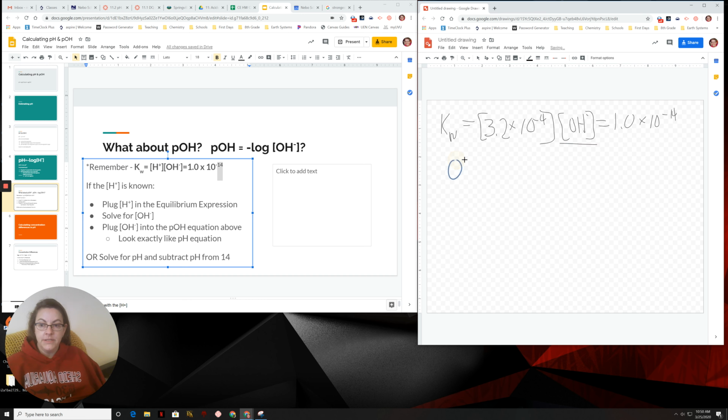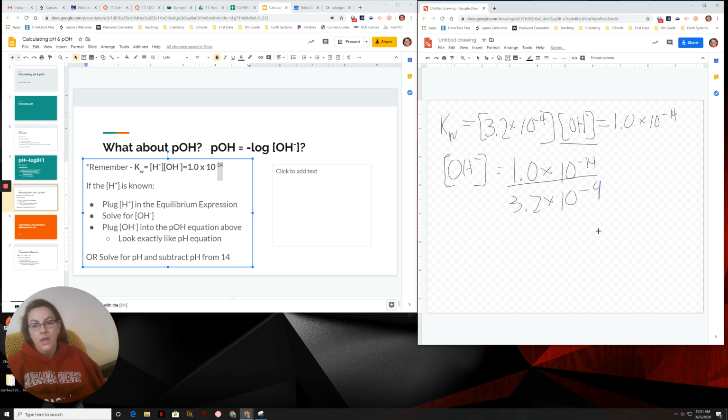So hydroxide ion concentration equals 1.0 times 10 to the negative 14th divided by 3.2 times 10 to the negative 4th.